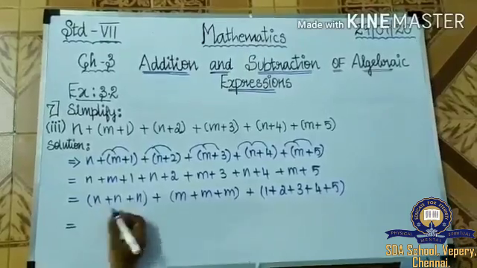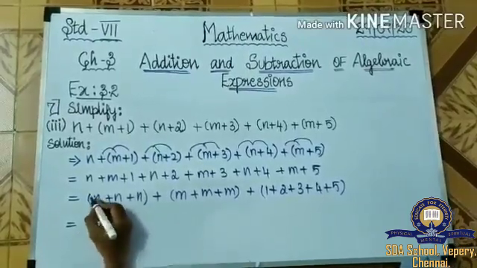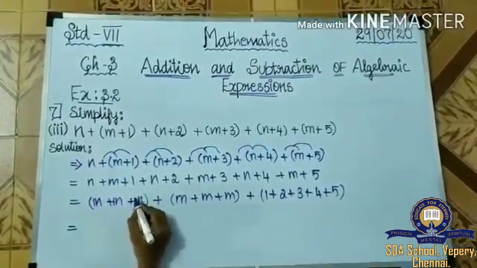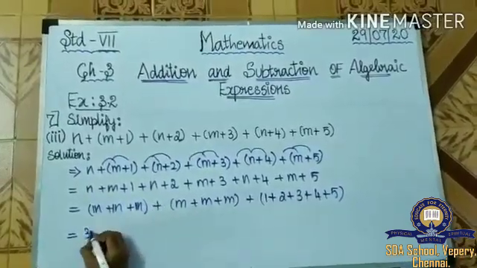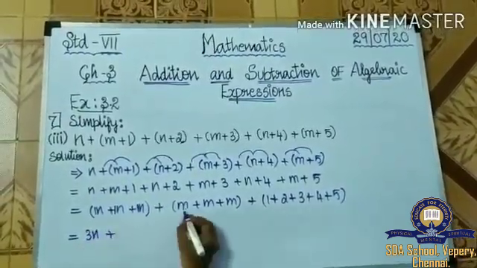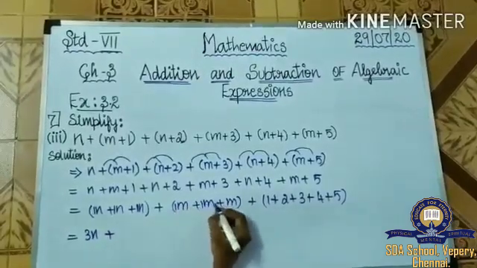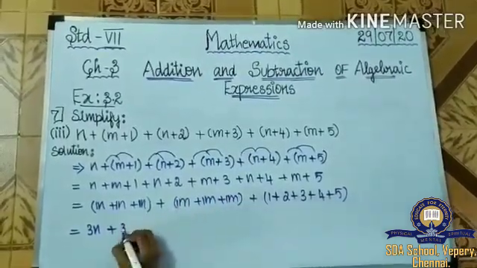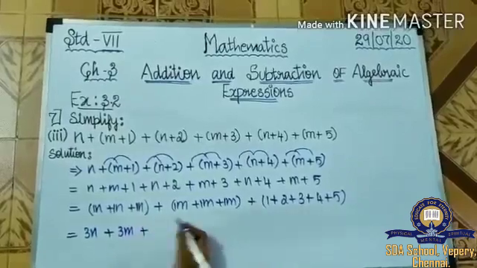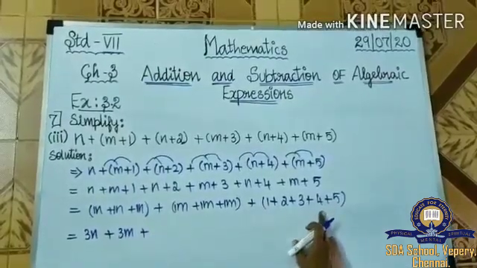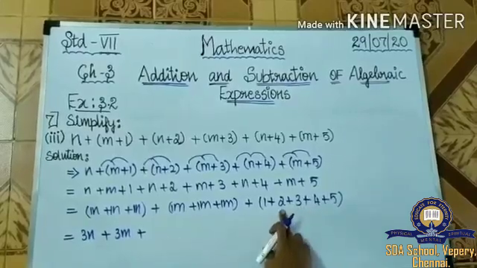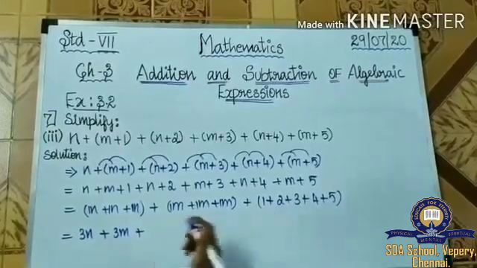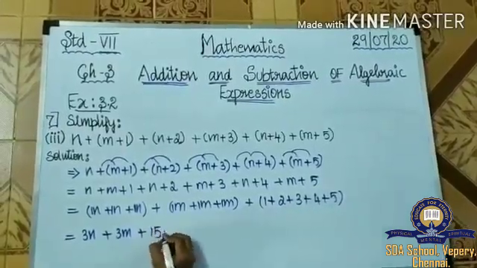So n plus n plus n. n is nothing but here we have a variable with constant as 1. So we will get 3n plus here also we have a constant 1. So 3m plus 5 plus 4 we will get 9. 9 plus 3 we get 12. 12 plus 2 is 14. 14 plus 1 is 15.